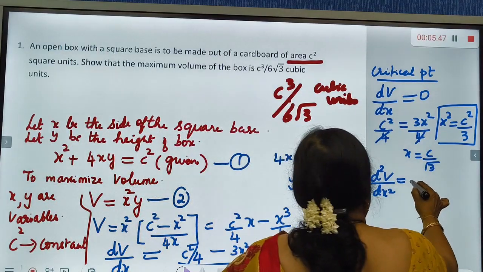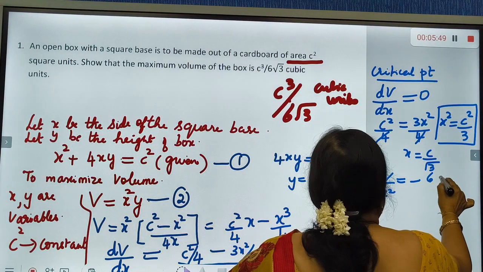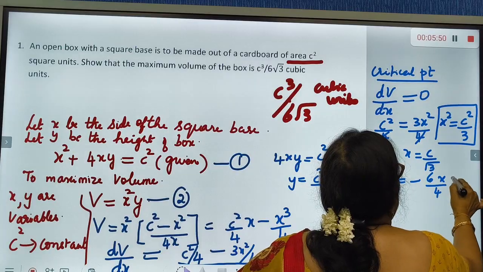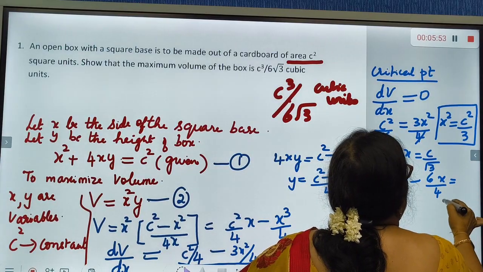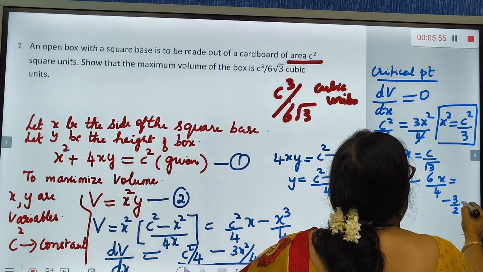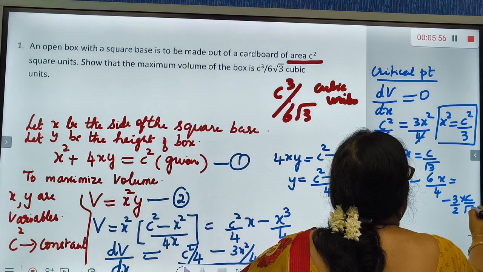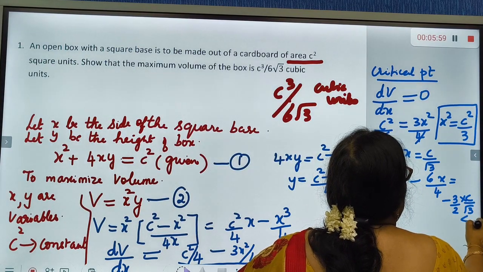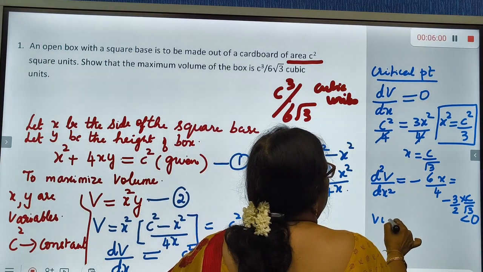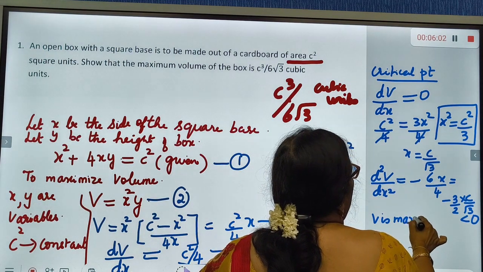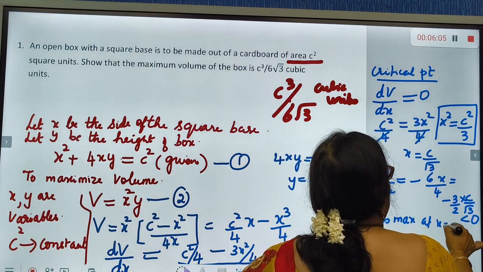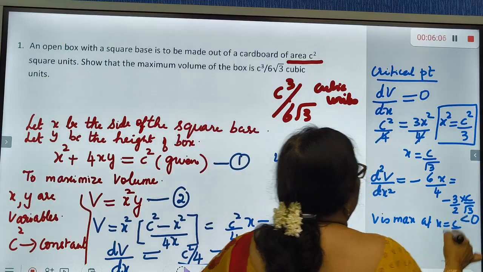This will be minus 6x by 4, which is minus 3 by 2 into c by root 3, which is less than 0. So V is maximum at x equal to c by root 3.